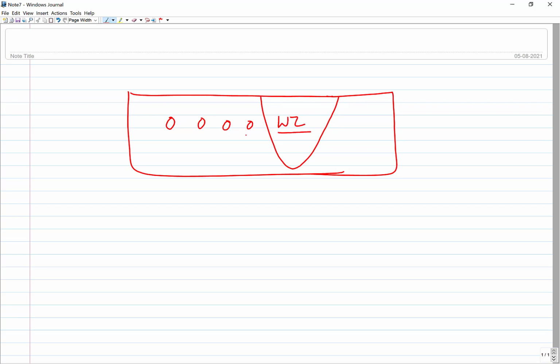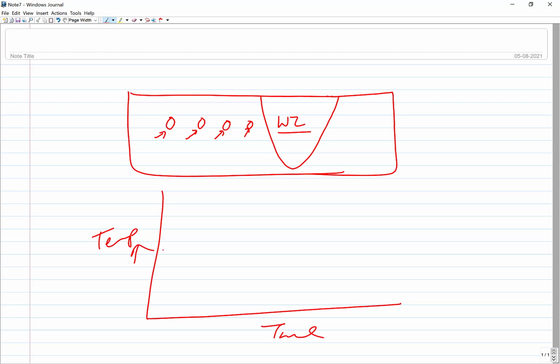So we put in different thermocouples and try to see the temperature variation as a function of time. What we notice in the temperature versus time relationship is that the point very close to the weld nugget zone, say points 1, 2, 3, 4, may show a variation in temperature like this.